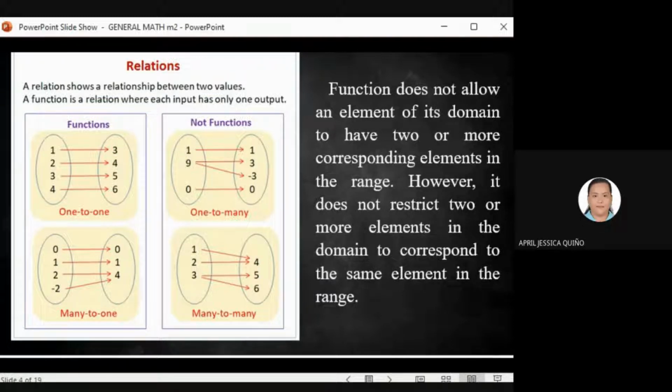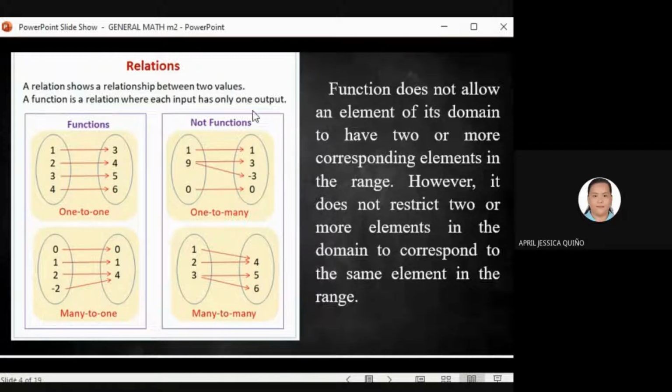It's because isang beses lang naman natin ginamit yung mga input natin dito, or yung values of x. In many-to-one relationship, though they do have the same output, isang beses lang naman natin ginamit yung 2 and negative 2, even though they do have the same output. So it's considered as function.